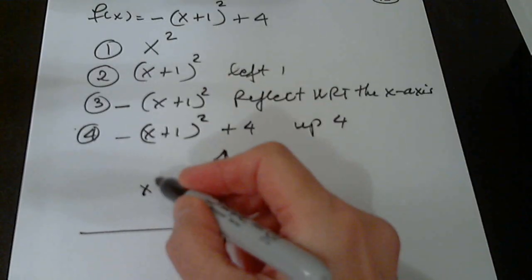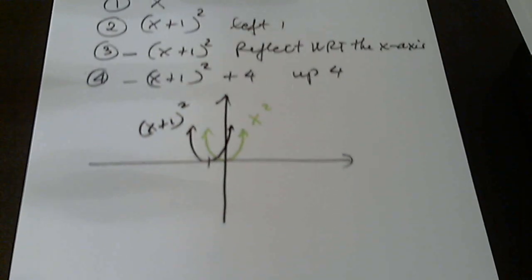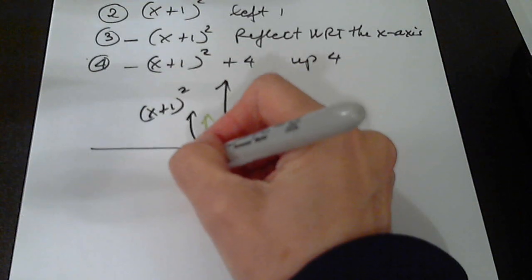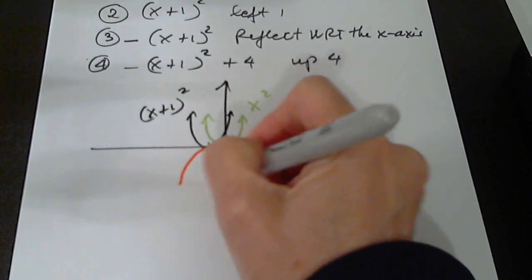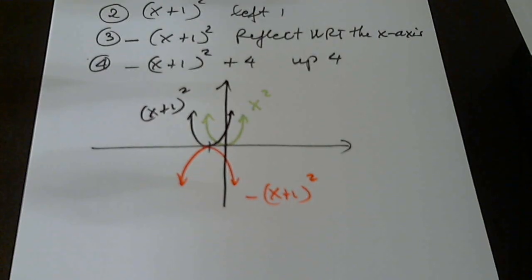I moved it left 1. Then you told me to reflect it. Fine, I will reflect it. Here's the reflection. Then you told me to drag this up 4. Okay, fine. I'll drag it up 4.